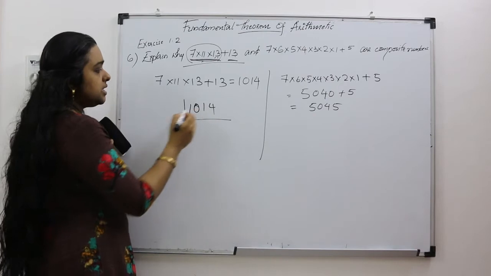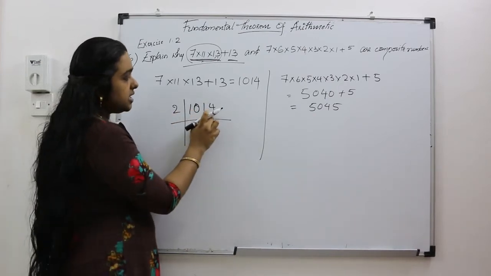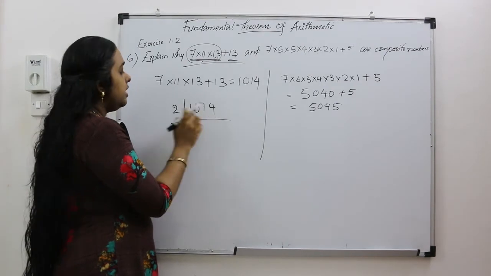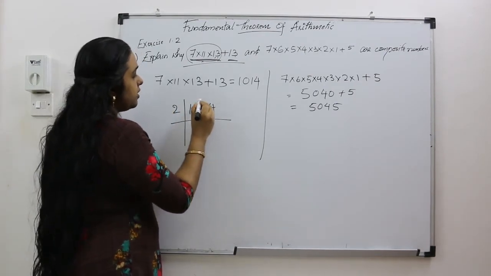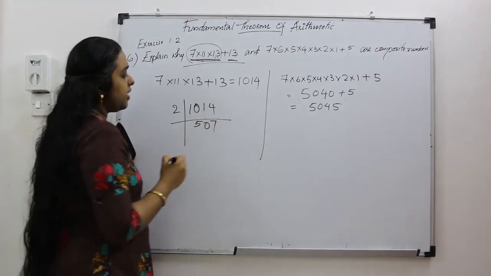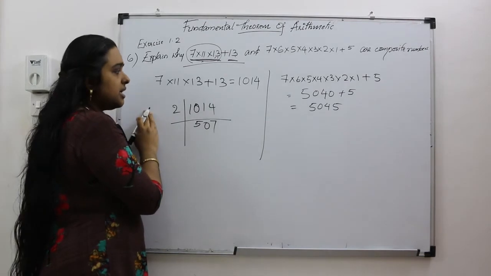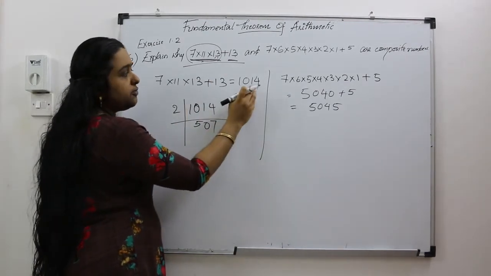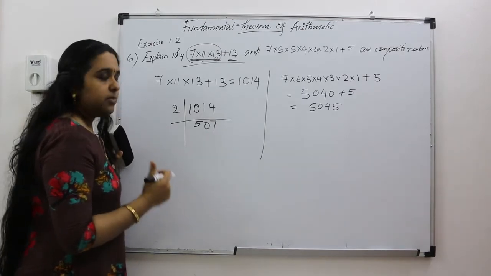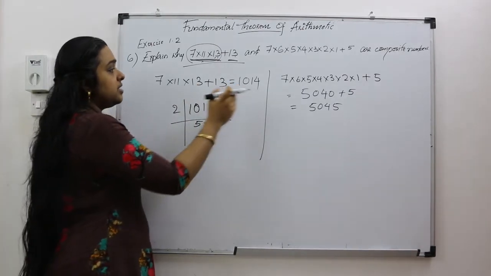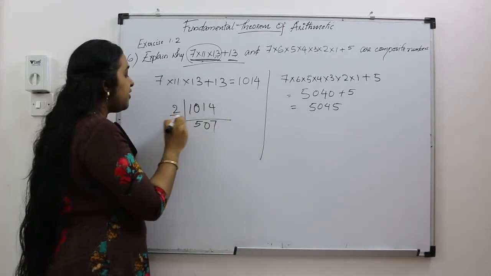This number I can factorize with 2, right? Because the last digit is 4, which is an even number. So I can factorize it with 2. 507. From this stage itself, I can say that 1014 is a composite number because it has a factor other than 1 and that number 1014. 2 is a factor.